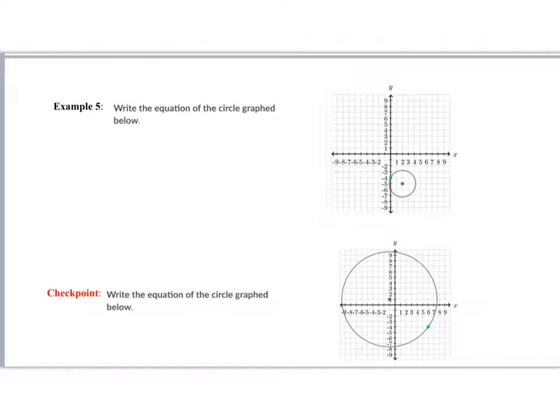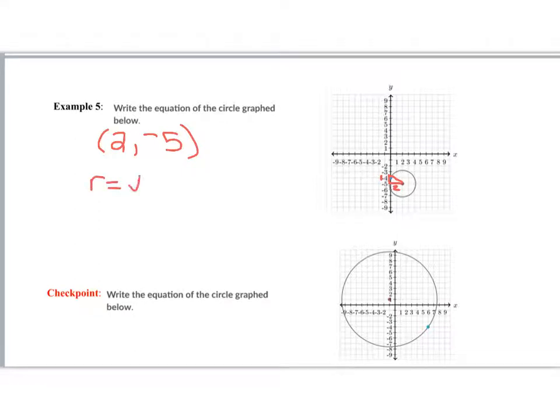Okay, so here it says, write the equation of the circle graphed below. So we need to take a look at the center, and the center is at 2, -5, and then we need to find our radius. So there's a point there, so we need to draw our right triangle, and this is 2, and that's 1 unit.